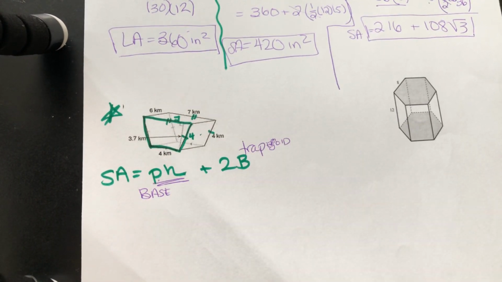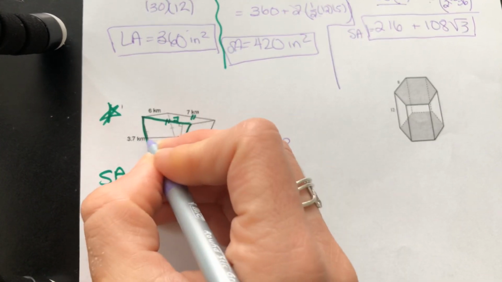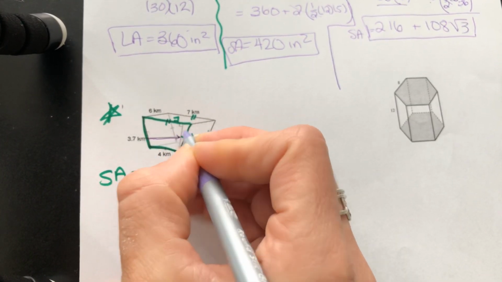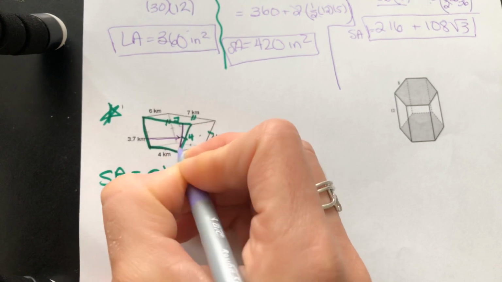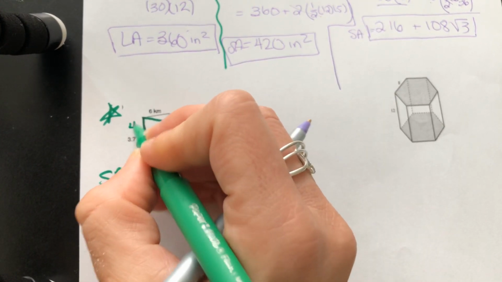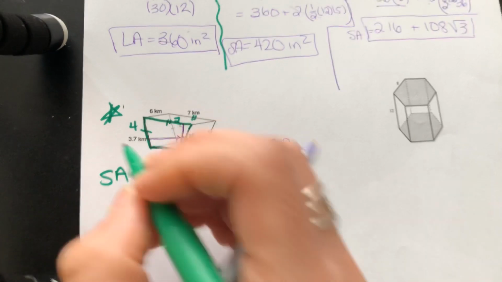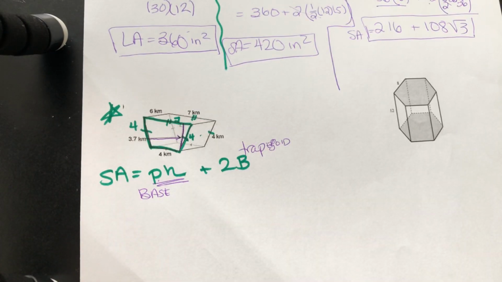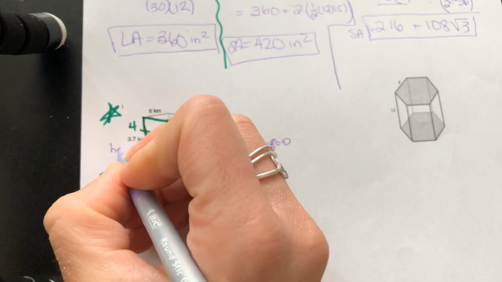Nope, I lied. Sorry, 3.7, my fault, is being referred to as the height. This is 4, here's another 4, and this would be 7. I'm just going to write this note: 3.7 is your height of the trapezoid. So 4, 4, 7, 4.